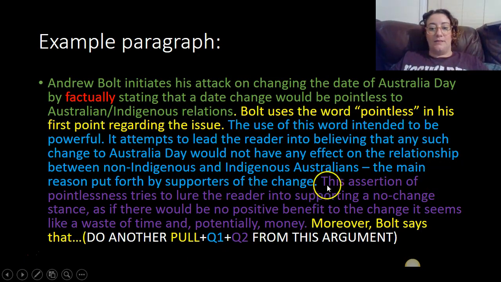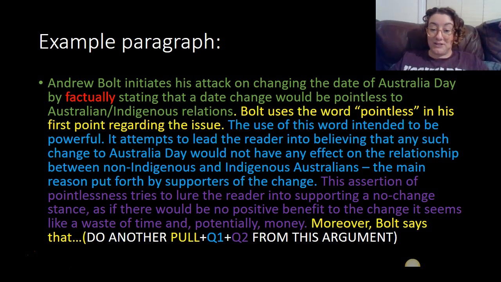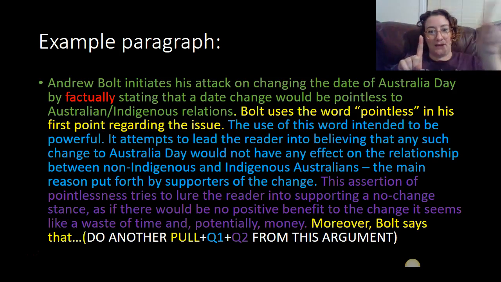So, this assertion that it would have no effect, this assertion of pointlessness tries to lure the reader into supporting a no-change stance, as if there would be no positive benefit to the change, it seems like a waste of time and potentially a waste of money. Okay, so can you see how I'm tying it back to the argument and the contention?